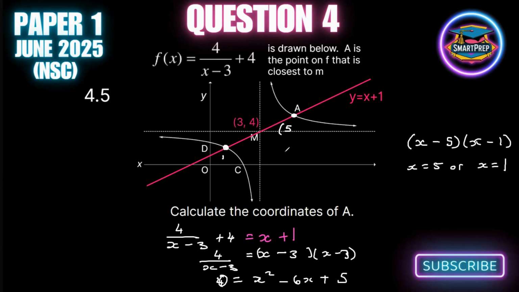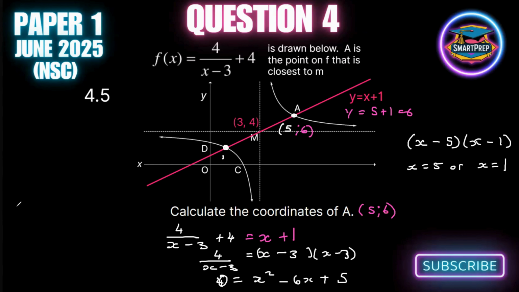Then we simply sub in our 5 into either to get our y. I'll do this in pink, y equals 5 plus 1, which is 6, and so our other point is 6. So the coordinates of A are 5 and 6.